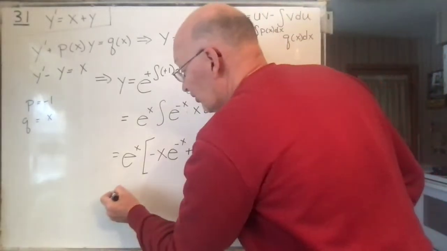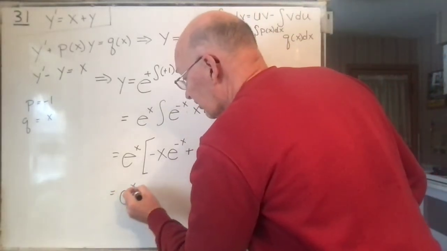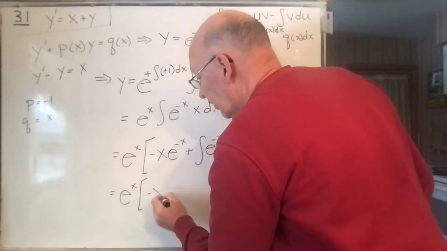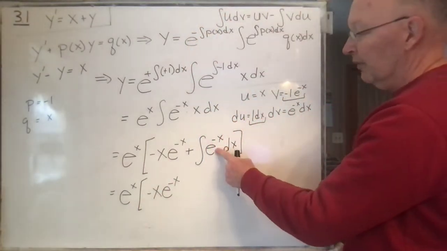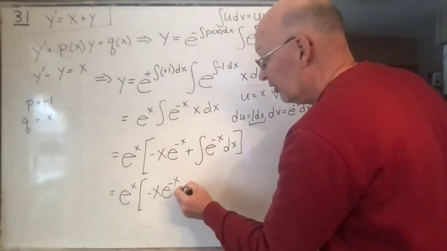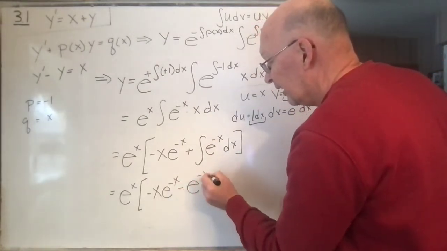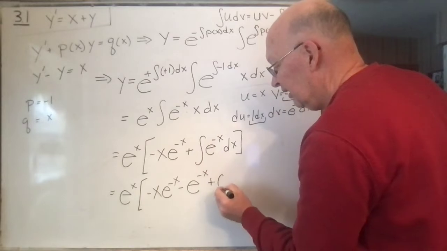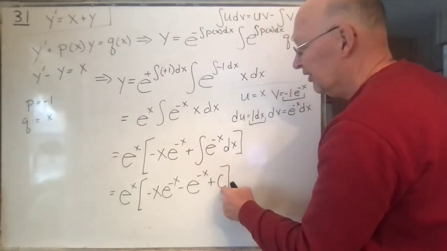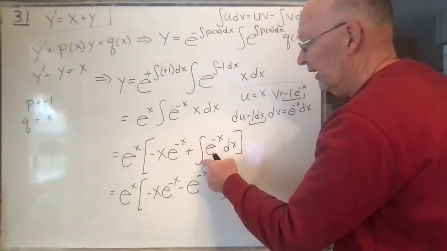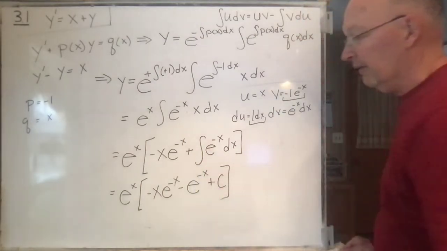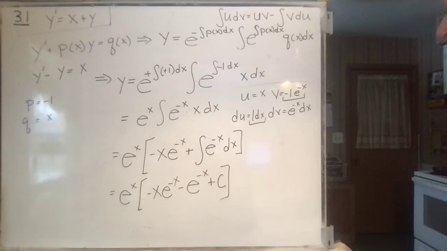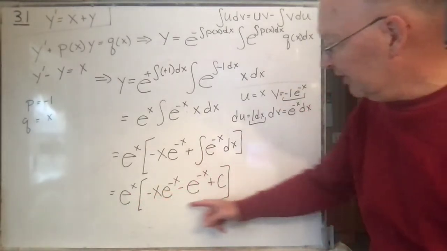We have 1 or 2 steps left. It's going to be e to the x, negative x e to the negative x. What's the antiderivative of this? Well, we just did it a minute ago. It's going to be negative e to the negative x plus c. Here we do need the c because here we're finding the antiderivative of this thing, which in general is going to have a constant on it. And now, see this?